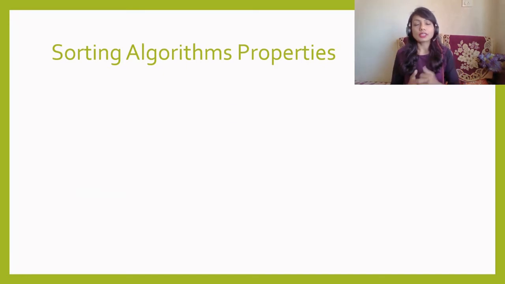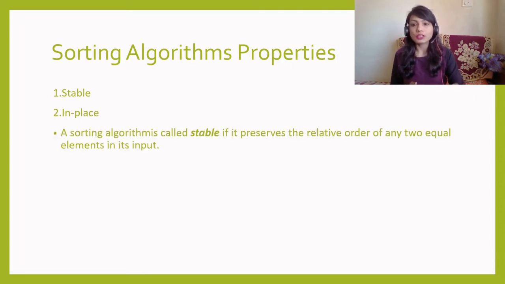So let's now see some of the sorting algorithms' properties. There are two important properties of sorting algorithms: one is stability and the second is in place. So let's see what these properties are. A sorting algorithm is called stable if it preserves the relative order of any two equal elements in its input.